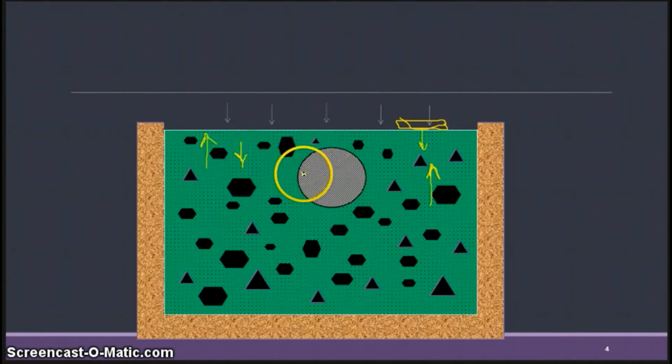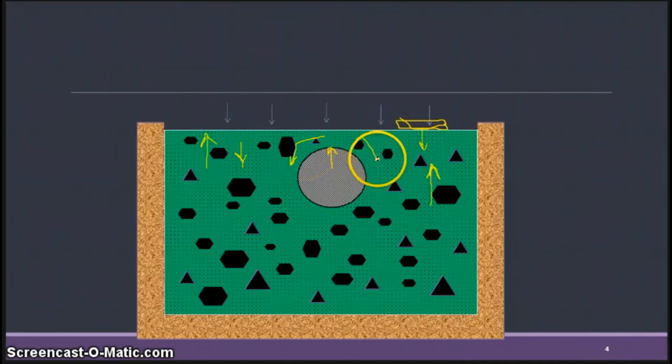Now, as we have steel present here, the steel will not go down, but it will resist the downward movement of the concrete. So the concrete, or the paste here, will not have any choice, and this material goes down here.